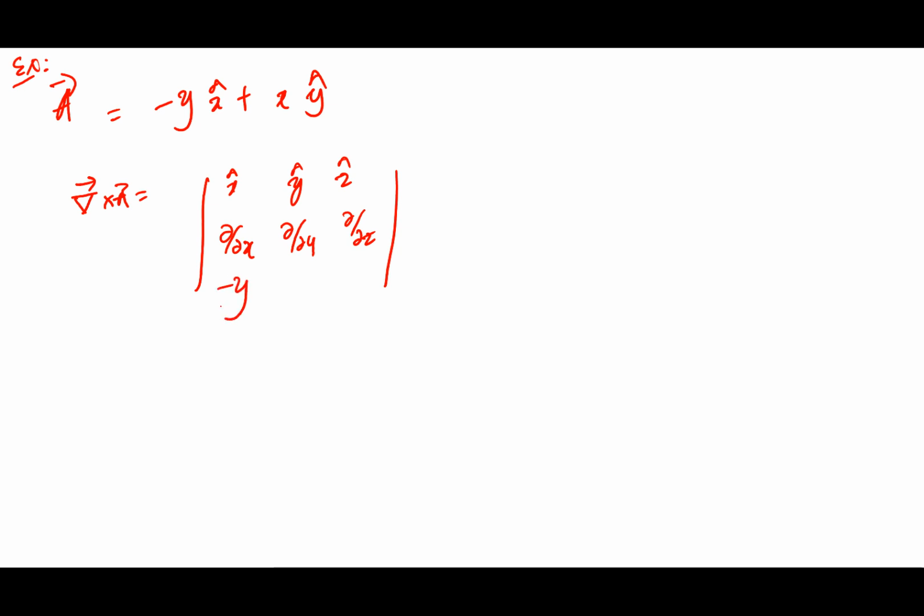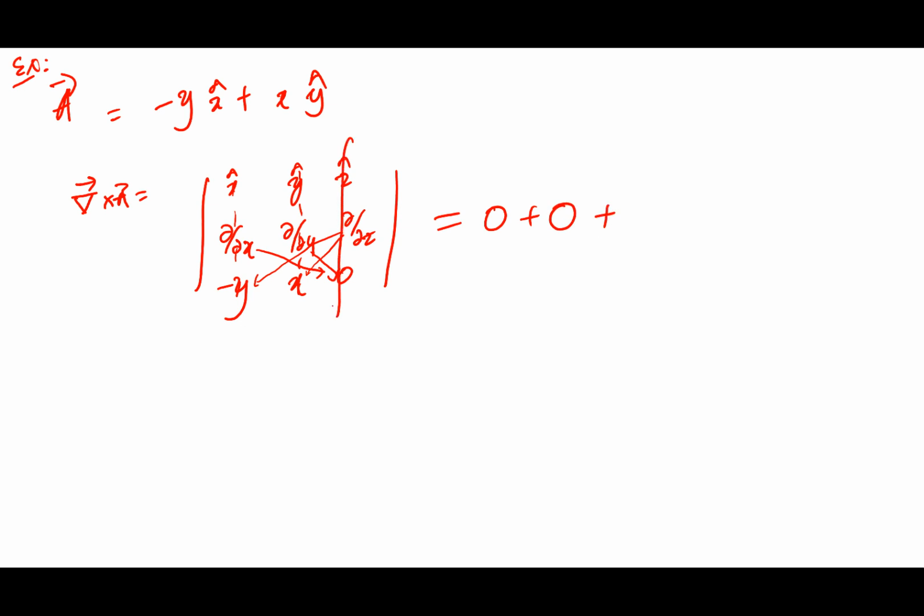Along x I have negative y, along y I have x, and along z I have 0. So along the x direction, dou by dou y of 0 is 0, dou by dou z of x is 0, so I get 0. Along the y direction, dou by dou z acting on y is 0, and this is also 0, so I get 0.